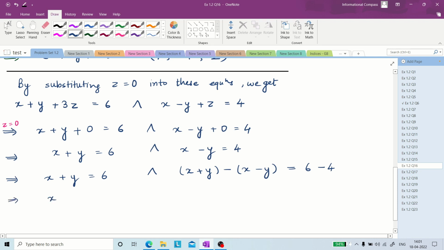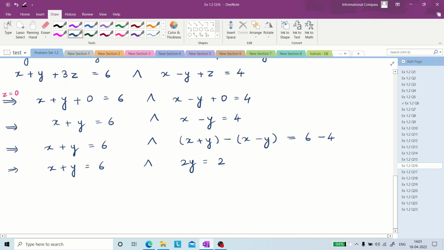Great. So this is x plus y equal to 6 intersection 2y equal to 2. Yeah. So this gives us x plus y equal to 6 intersection y equal to 1. Now using this y value, so what we'll get? 6 minus 1, can I write it down?